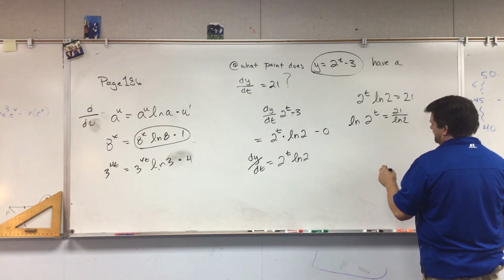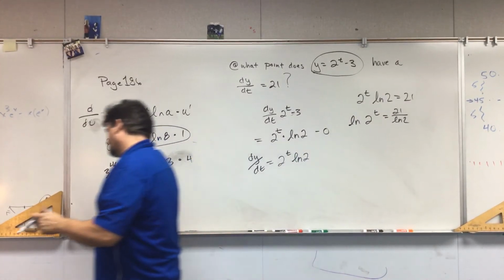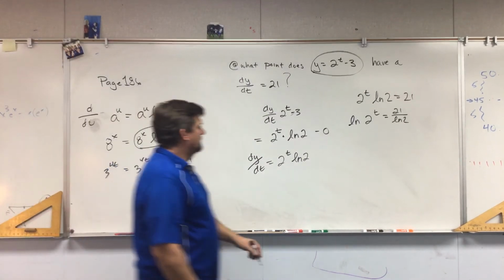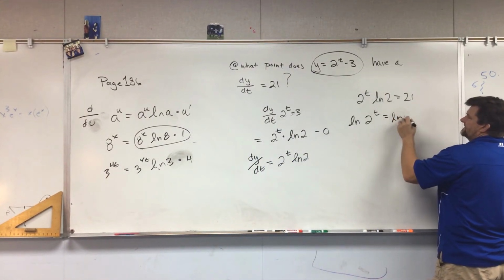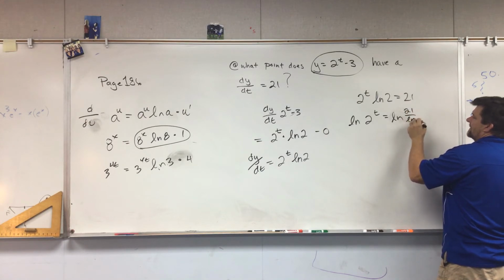That won't... Yes, it will. My brain just locked up. What did I do wrong? Oh, that's right. Duh. All right. So I take the natural log of both sides. That's what I did wrong. I forgot to take this of this side. So this is the natural log of 21 divided by the natural log of 2.